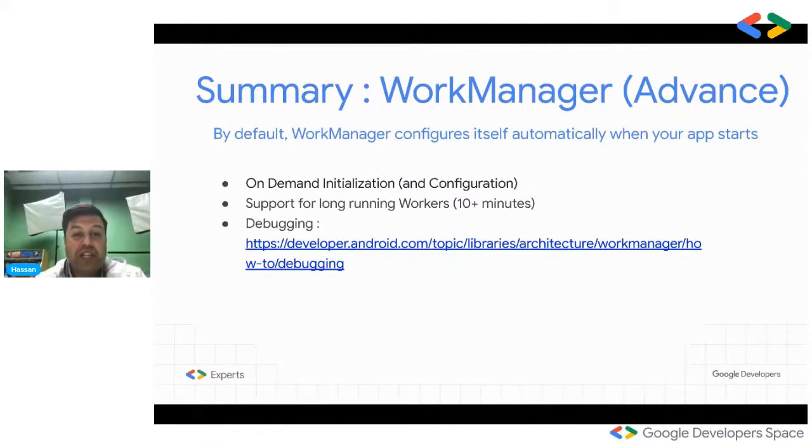And you can also go to this link here to debug it before you roll out to production. Actually, debugging is pretty cool. You can use the ADB tools to see your scheduled WorkManager tasks, and you can also find out issues and stuff.